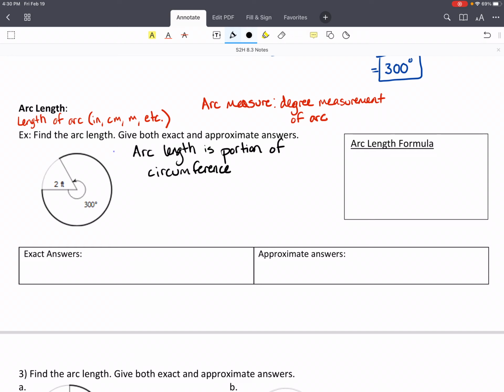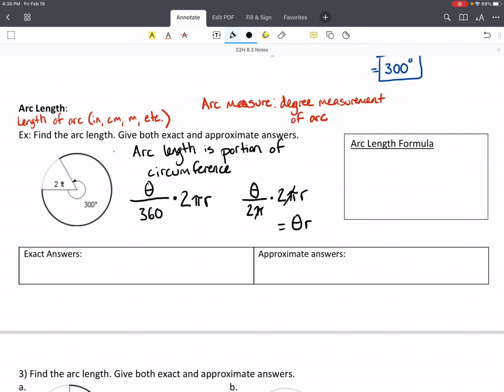And so to do that, well, the circumference is 2 pi r, and if I'm looking at a fraction of the circle, I would say, well, how much is it out of 360? That's a fraction of the circumference. If I did the same thing with radians, well, there are 2 pi radians in a full circle. And notice what happens. You just get theta times r. Oh, look at that.